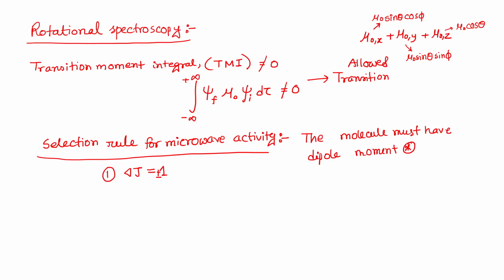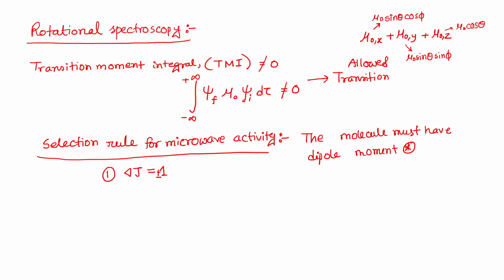For that, you see this. When you measure this non-zero transition moment integral, you don't really do an explicit integral. What you see is whether the integrand, the triple product, is symmetric or asymmetric, and depending on that your total integral is going to be zero or non-zero. Suppose you are applying some electric field.